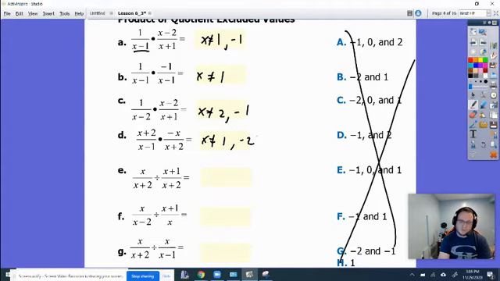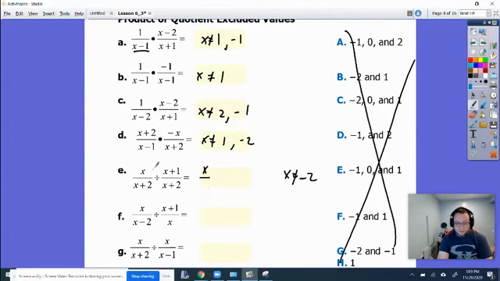Okay, now I need to be careful in these divisions. I'm going to write these over here for right now. So looking at the initial problem, and this is where it gets kind of muddy, x cannot equal -2 for both of these. Okay, and that's fine.